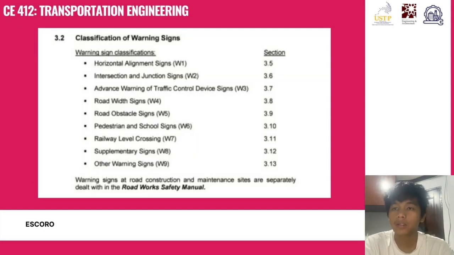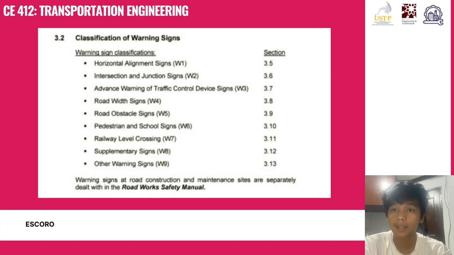So the classification of warning signs. Horizontal alignment signs is in section 3.5. Intersection and junction signs is in 3.6. Advanced warning of traffic control device signs is in section 3.7. Road width signs, section 3.8. Road obstacle signs, section 3.9.